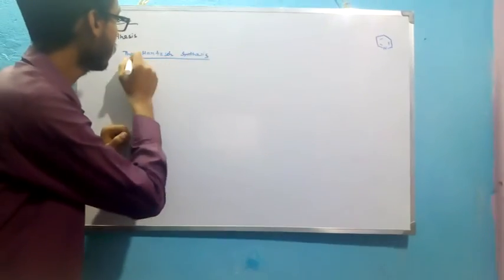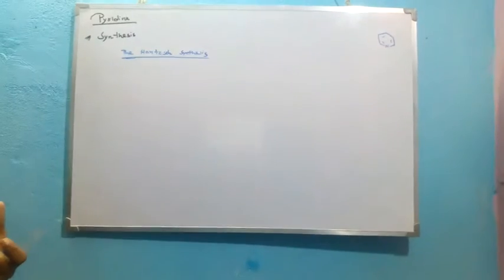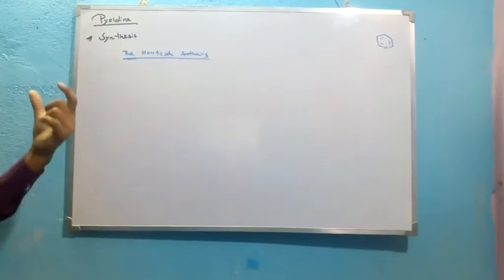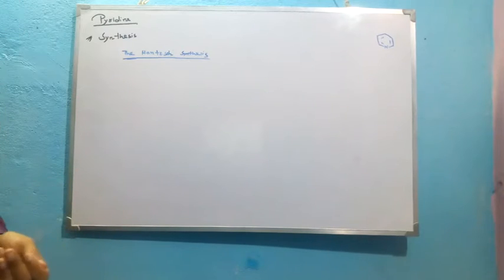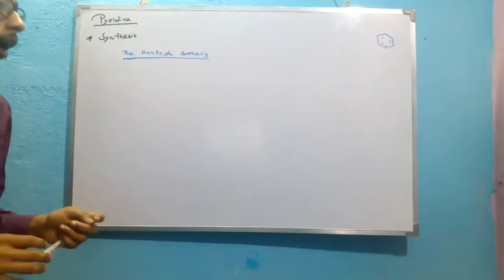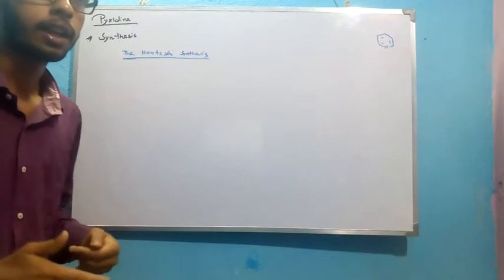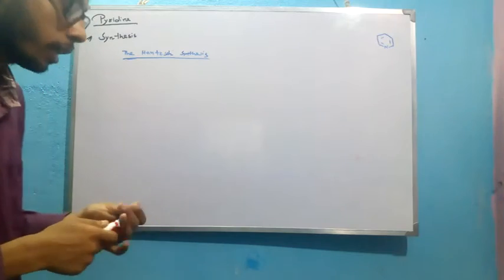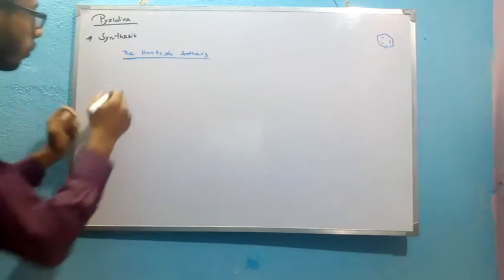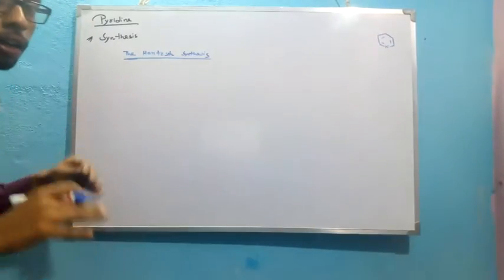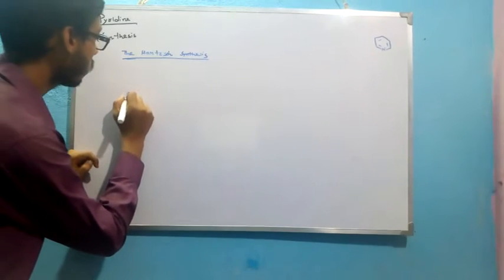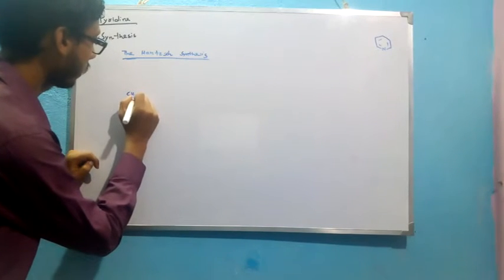This synthesis is important for the synthesis of pyridine, and it is also important for examination. In this case we take two compounds and condensation of the two compounds occurs. One is a dicarbonyl compound and the other is an aldehyde. As the dicarbonyl compound, we take acetoacetic acid.